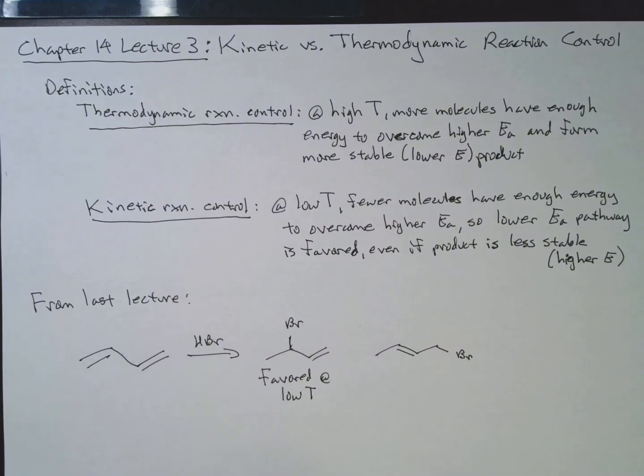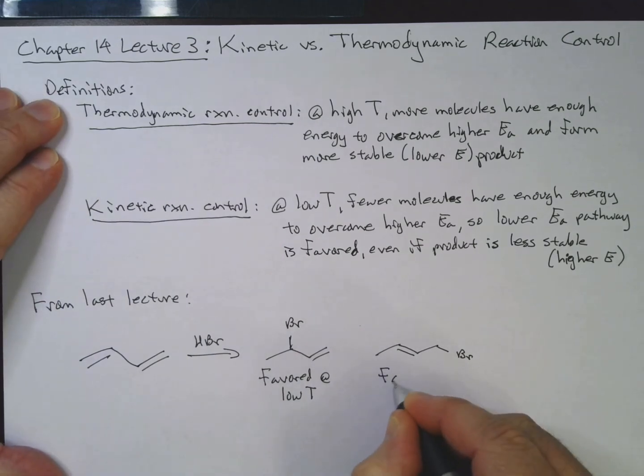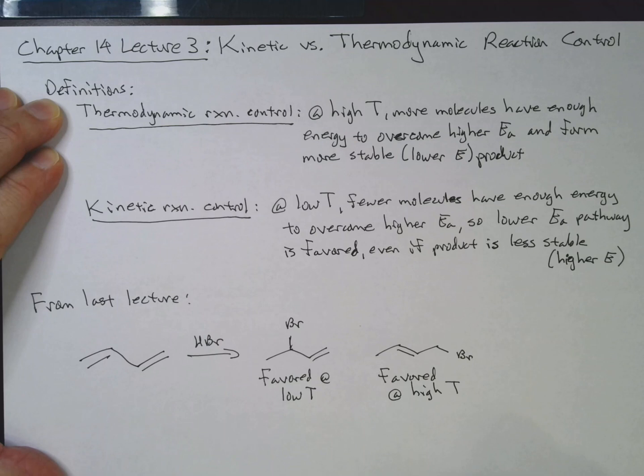I forget what the exact percentage was. Let me just check the notes real quick. So at low temperature, we got 80% 1,2 product and only 20% 1,4 product. But at high temperature, we got 85% 1,4 product and 15% 1,2. So this guy was favored at high temperature.